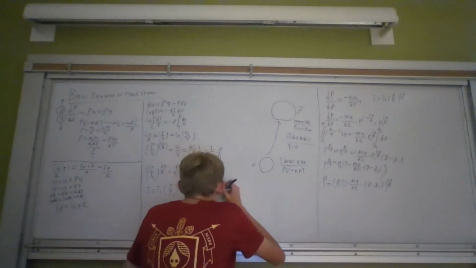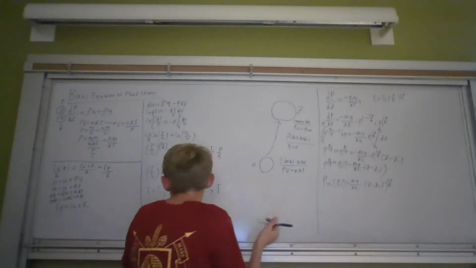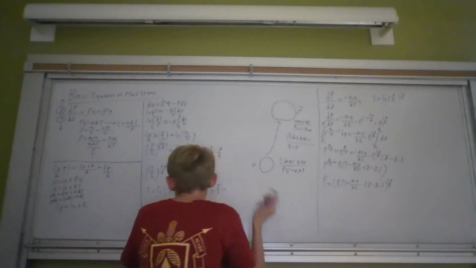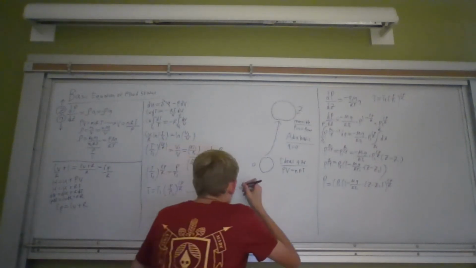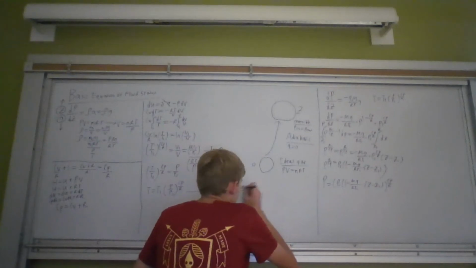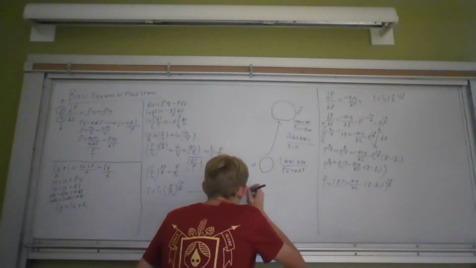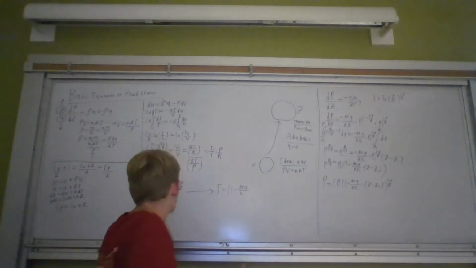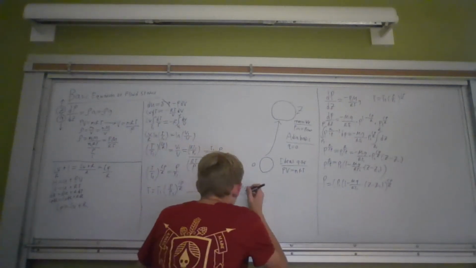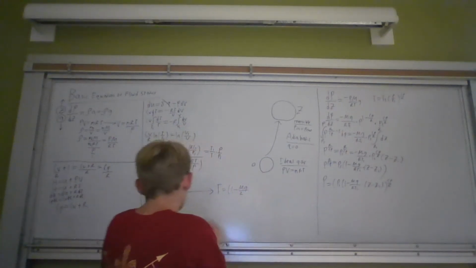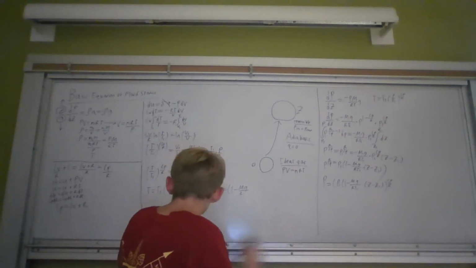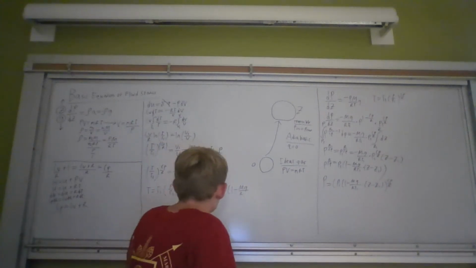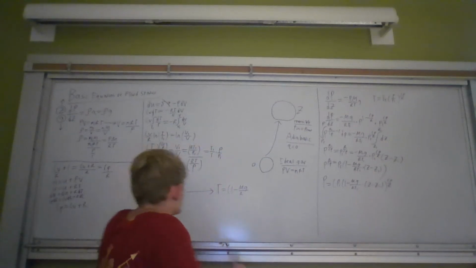T is equal to 1 minus our molar mass times gravity times R, and our pressure value is gone, and our R value is gone, and our temperature value is going to be gone as well.